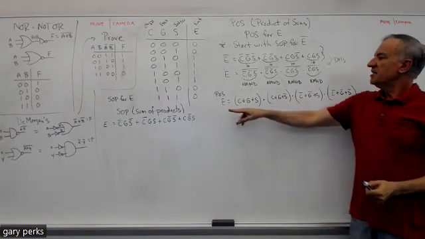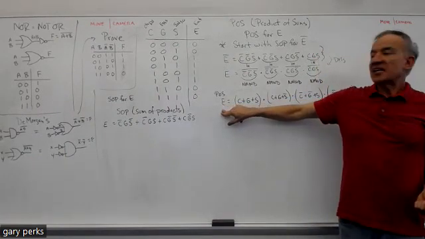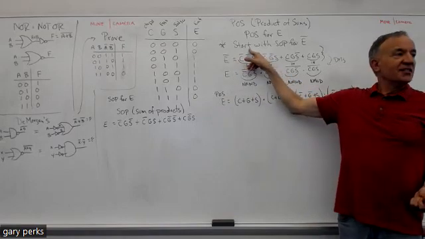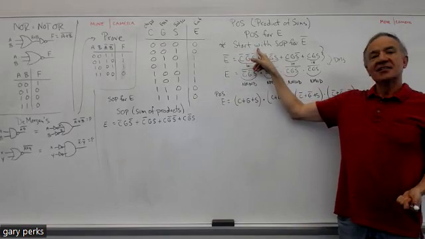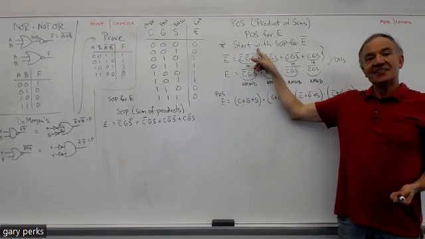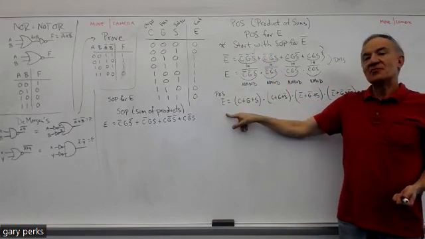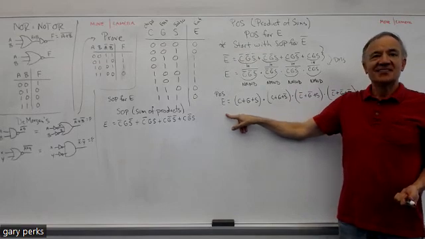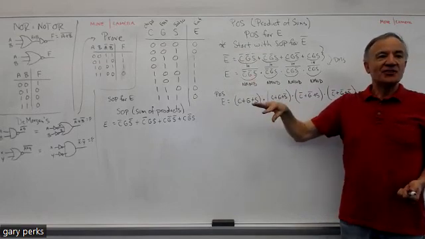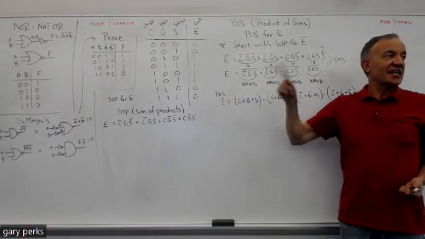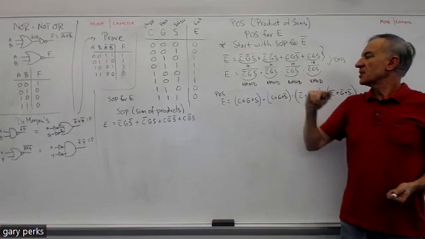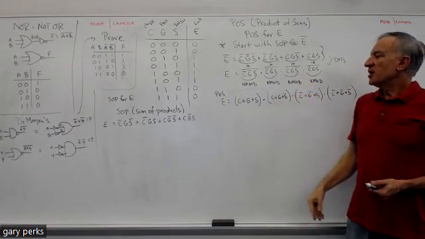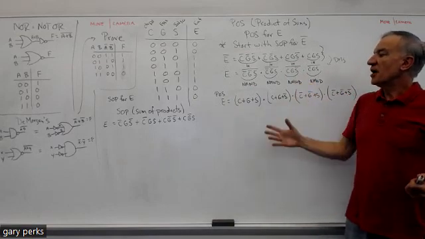Okay, a common mistake is that instead of starting with SOP for not E to get POS for E, people start with SOP for E. But if you do that, you're going to get POS for not E. Because again, everything inverts, and ANDs go to ORs and ORs go to ANDs. Okay?